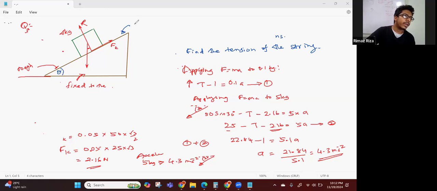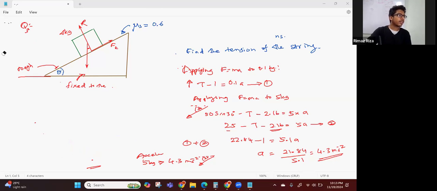The mu s is equal to 0.6. Okay, and the question is, find the maximum value of theta, find the maximum value that theta can take.